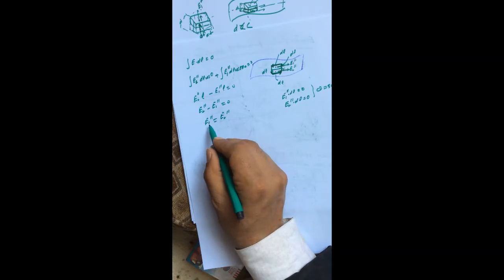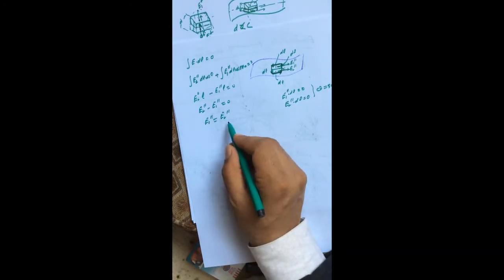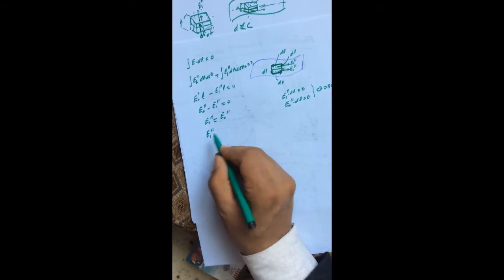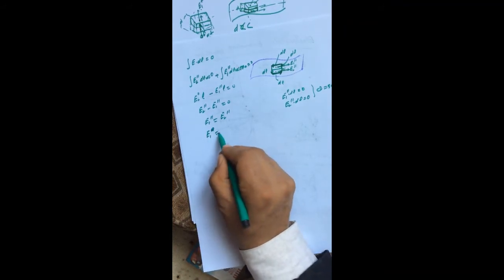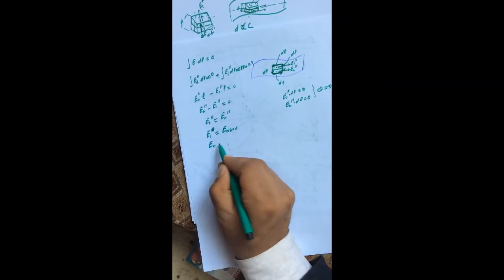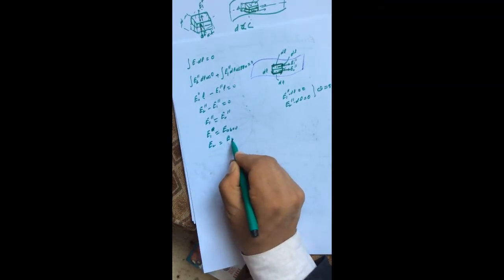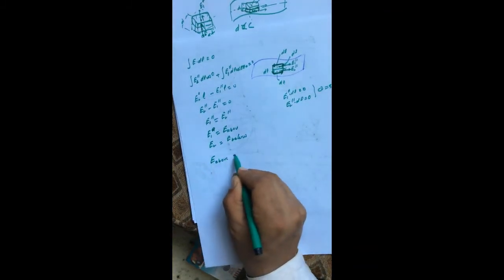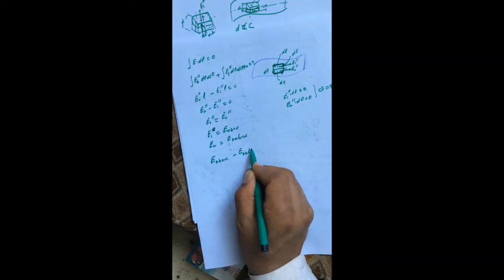Since E1 is above the surface and E2 is below the surface, it means that E1 parallel is E above and E2 parallel is E below.